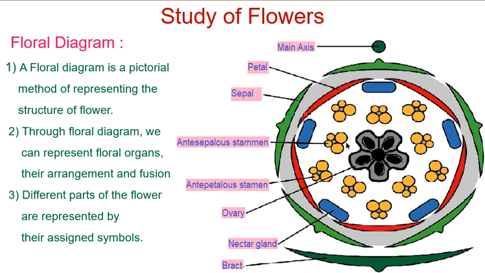This is anther. You have seen stamens. These are the representation of stamen. Fine, this is the ovary. This is the nectar gland and this is the bract, which is on the peduncle. Fine. So this was for additional information on how a floral diagram is made and shown.